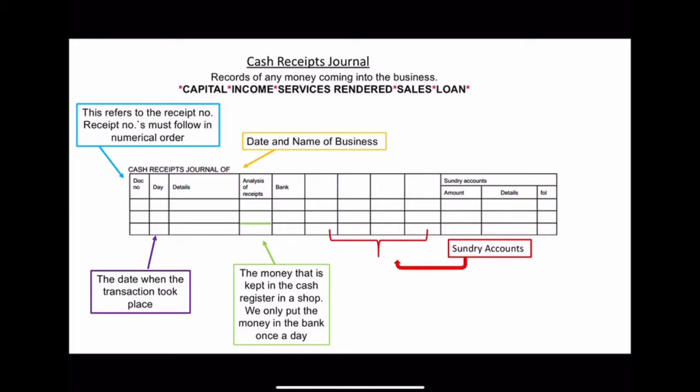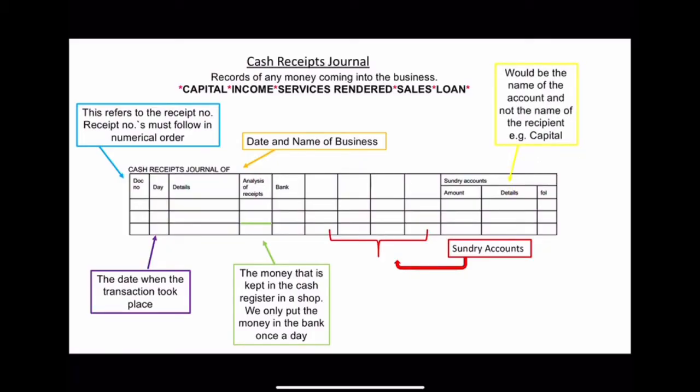They could, for example, represent sales or services rendered or current income. When we have a transaction that relates to those items, such as current income, you will fill it in one of those columns. However, if you have a transaction that doesn't fall within one of the columns your teacher has given you, you would put that value into the sundry accounts.